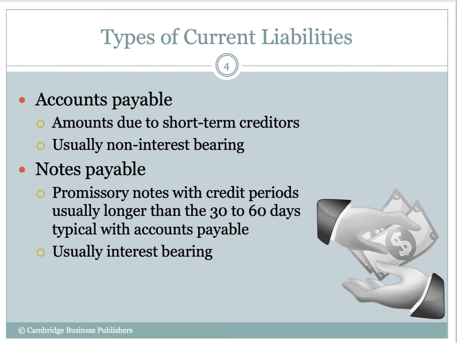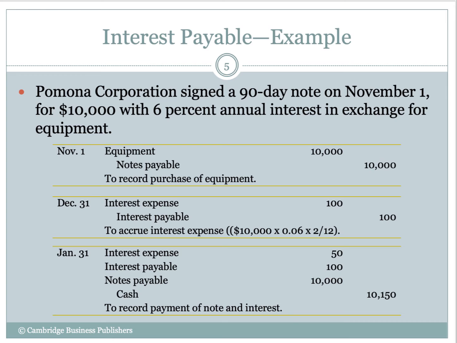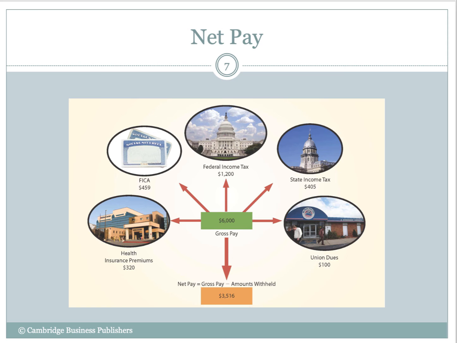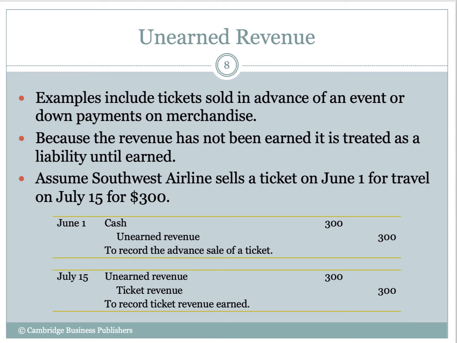They're either accounts payable or notes payable, right? We have additional payables that we need to worry about, like payroll taxes payable. We need to worry about unearned revenue. Those are also examples of liabilities, okay?